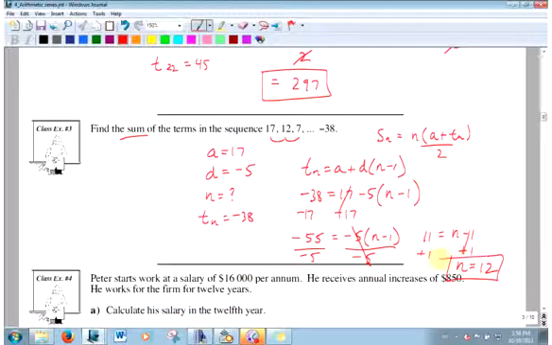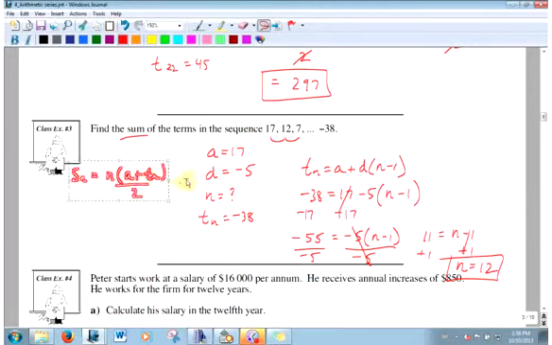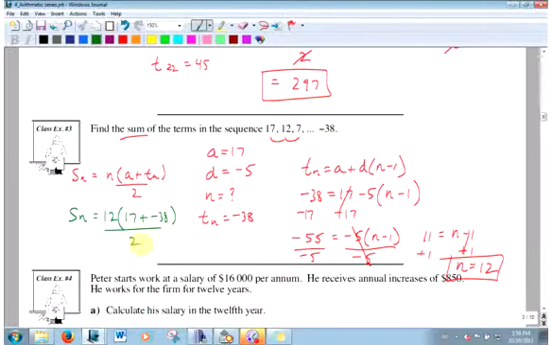Now I have n. Now can I use this formula? Sure. Let's put it over here. So the sum is 12 over 2, times 17 and minus 38. 17 minus 38 is minus what? 19?